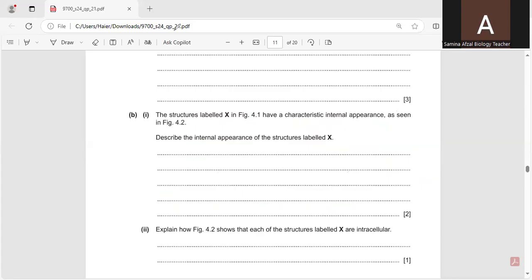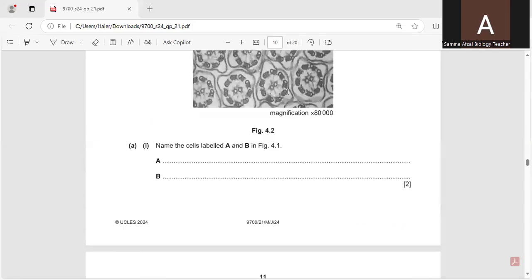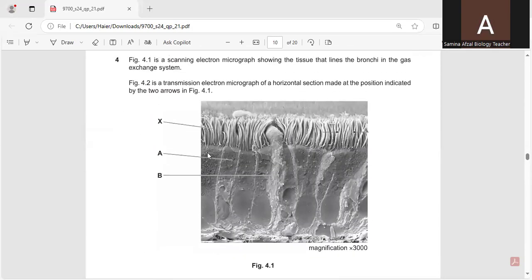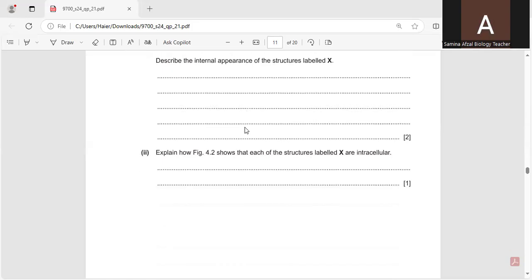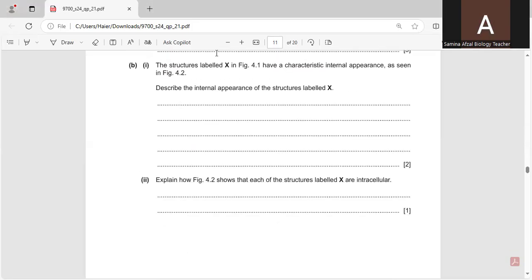Structure labeled X. You can see we are moving towards the picture. Now we are going to the space where we write the answer. For the internal appearance of the structure labeled X, you can see a 9 plus 2 pattern over here.